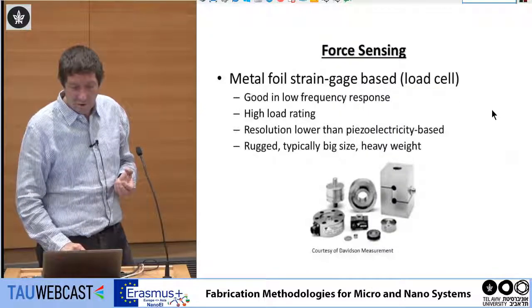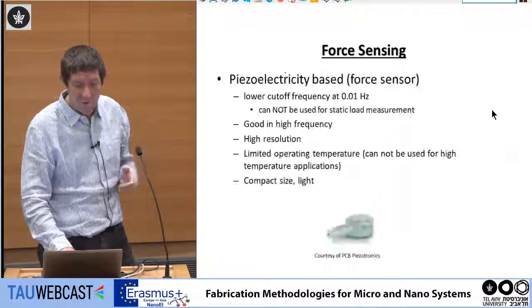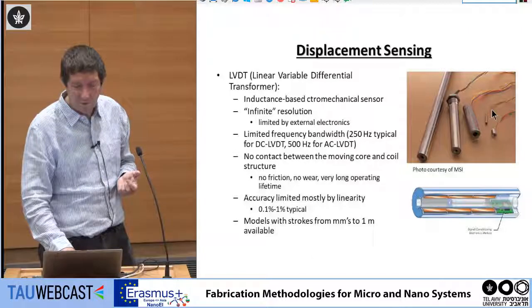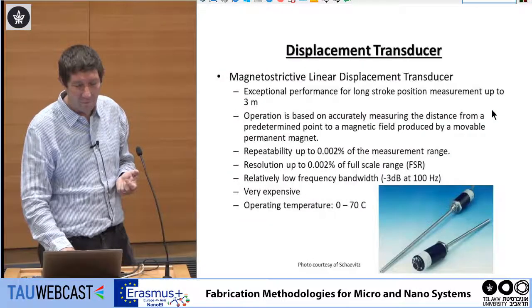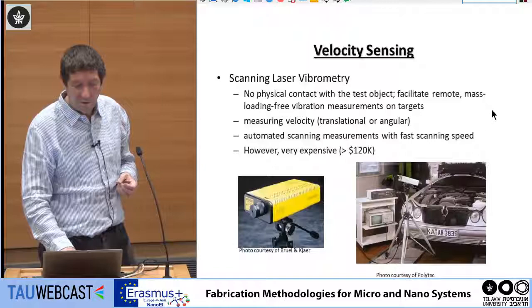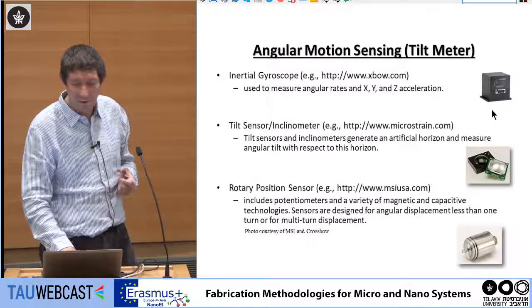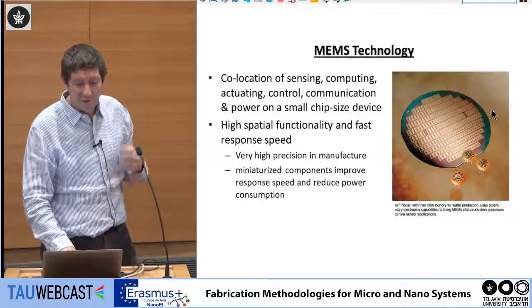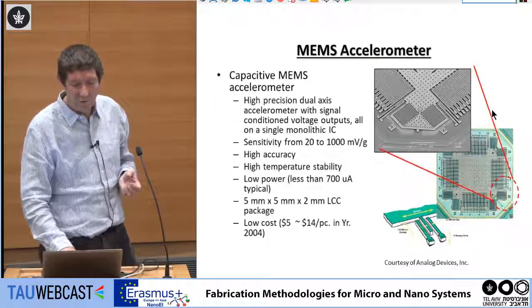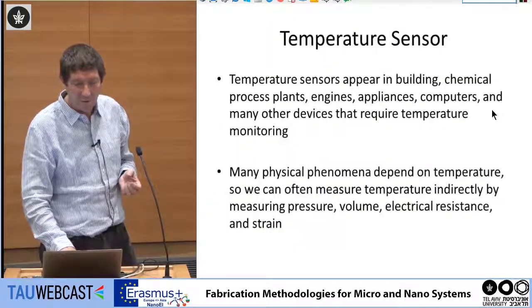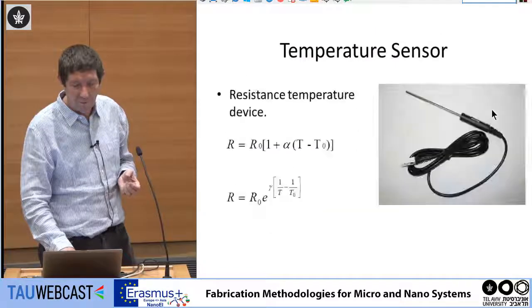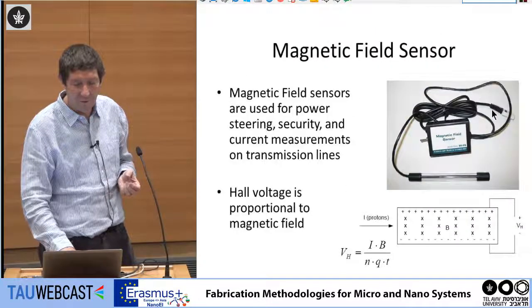Force sensing uses metal foil, and now I'll run fast along the measurements. Displacement sensing, this is like a background, velocity sensing, laser vibrometry, shock sensing, angular motion sensing, MEMS technology. I'm going to skip this MEMS technology, it's for the background. Temperature sensor, I'm going to skip all these sensors.